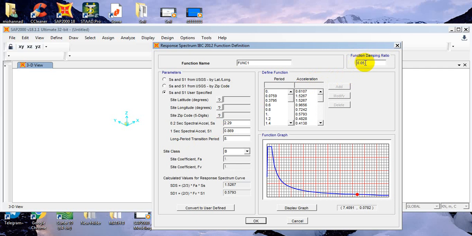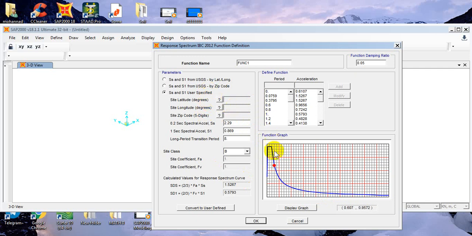So by using these options related to the location you are in or to the soil or site class, the program can offer us a ready function graph from the information I supplied.